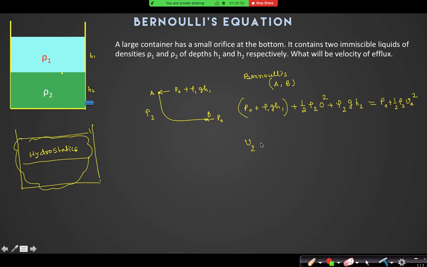So V square is equal to 2 by rho 2 into (rho 1 g h1 plus rho 2 g h2). Please wait.